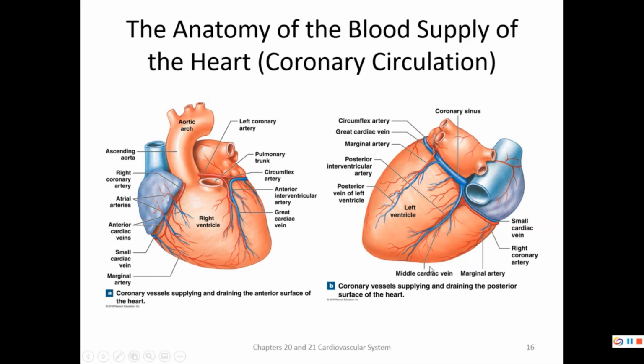PC Gamps right: GAMP, MP, middle cardiac vein goes with the posterior interventricular artery. Now I've got to remember how PC Gamps right actually works. What about the posterior cardiac vein? Where is the posterior cardiac vein? It goes with the circumflex. Posterior cardiac vein and circumflex go together.